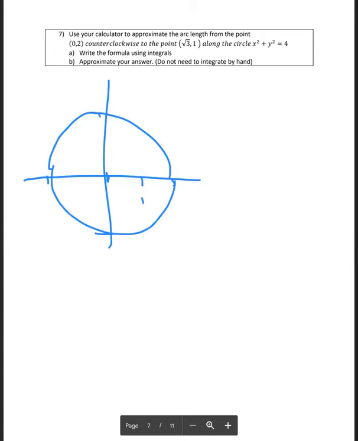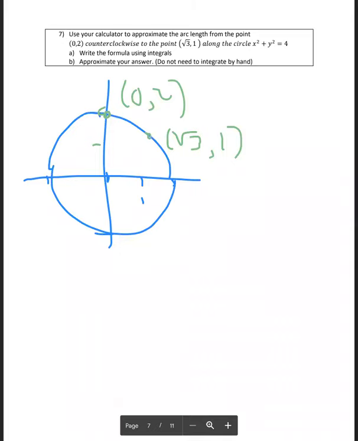So let's go back to the circle equation. Again, the graph will always help you out. We already figured out that the 2 points it's pinpointing were (0, 2) and this one over here, which is (radical 3, 1).